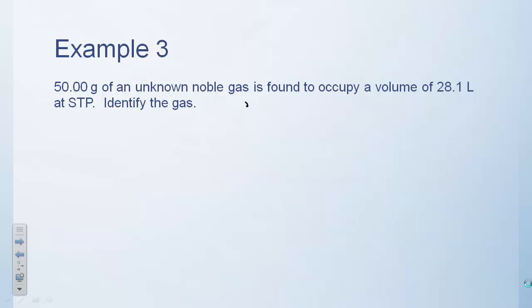If we can find its molar mass, the grams per mole, we should be able to identify it by its atomic weight. The good news is that we are already given the number of grams it has. So in a kind of camouflaged way, what this question is really asking us to do first is to find the moles. If we can find the moles of gas, we can identify the molar mass.